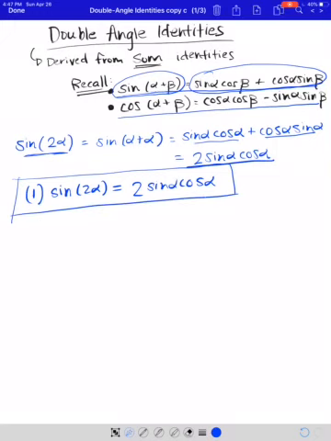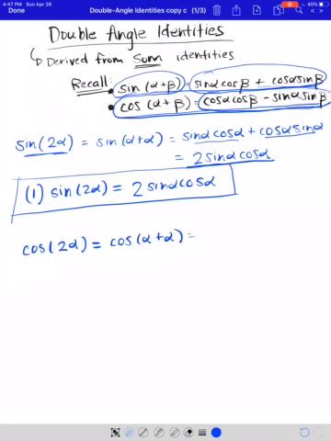Now let's take a look at our double angle identity for cosine. So cosine of 2 alpha, and we're going to use the same trick as above. This is the same as cosine of alpha plus alpha. Now let's use our sum identity for cosine. Again, instead of an alpha plus beta, we have an alpha plus alpha. So using the right-hand side of our identity up here, what we'll have is cosine alpha cosine alpha minus sine alpha sine alpha.